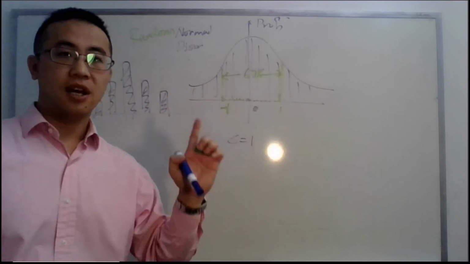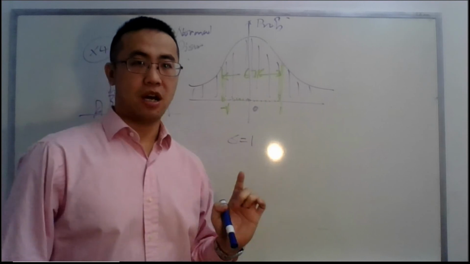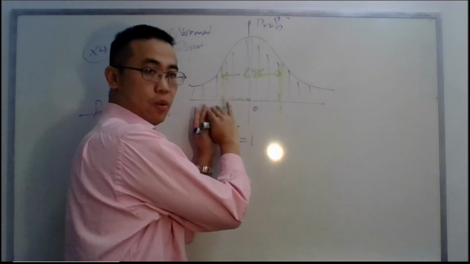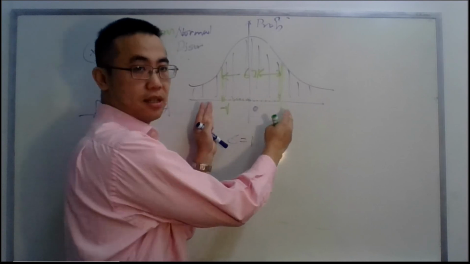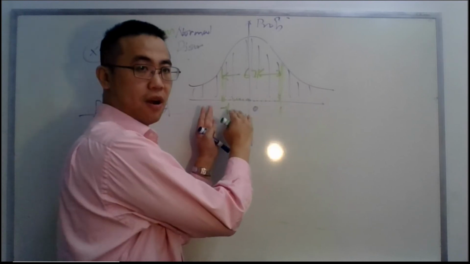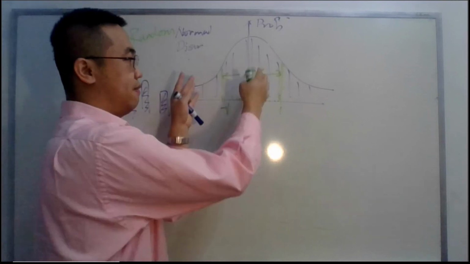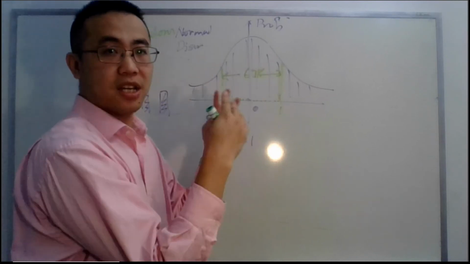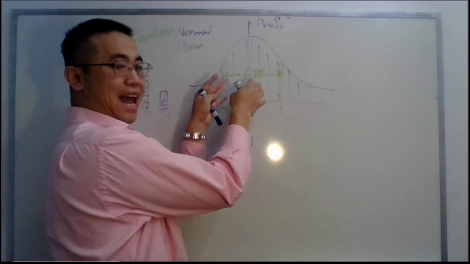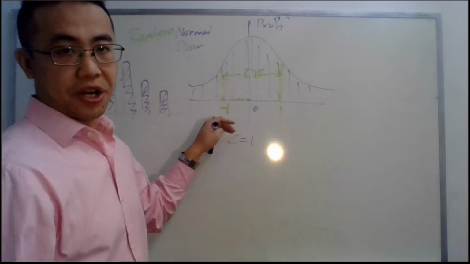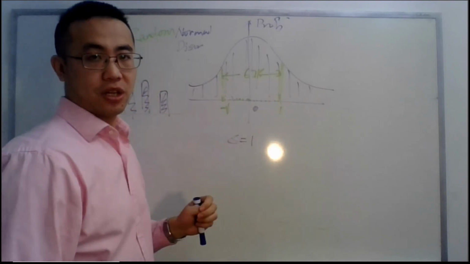So that means 67% of your possible outcomes, millions and millions of outcomes, will be allocated between negative 1 and positive 1, or you can say between a negative standard deviation and a positive standard deviation away.